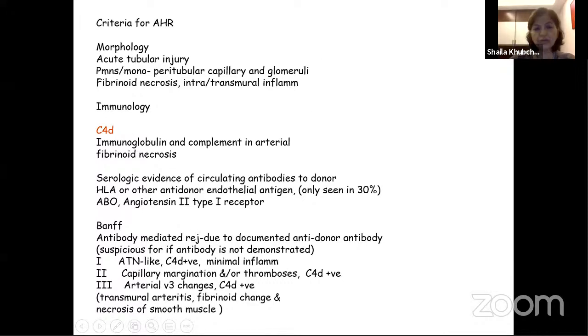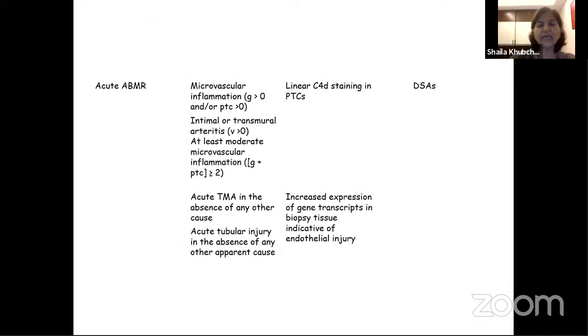What is very important to remember is that if you have histology and a documented DSA, you can still come to a diagnosis of humoral rejection without C4d, which can be negative, because at the end of the day, that's just an end result that we are seeing, which has just by serendipity come positive in your humoral rejections.